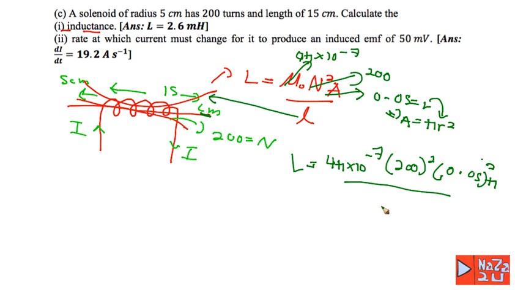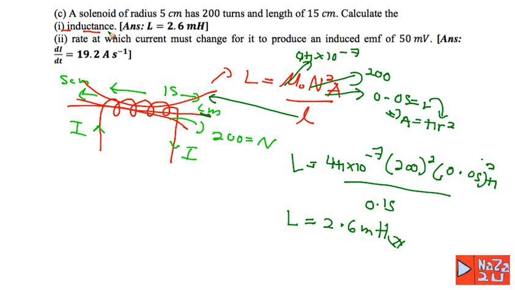Divided by the length, 0.15, because 15 cm converts to 0.15 meter. So the value of inductance is equal to 2.6 millihenry.